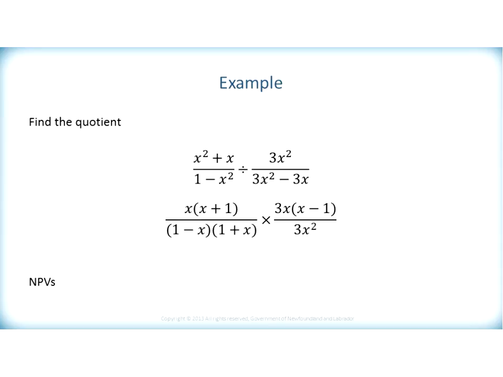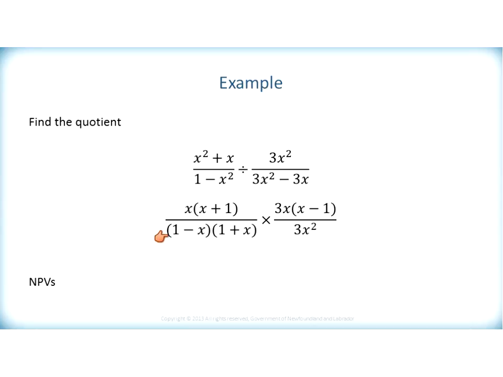Let's have a look at another expression. As you can see, x² plus x, there's a common factor of x. We have here in the denominator a difference of two perfect squares.